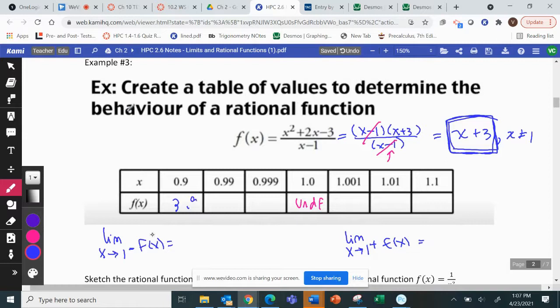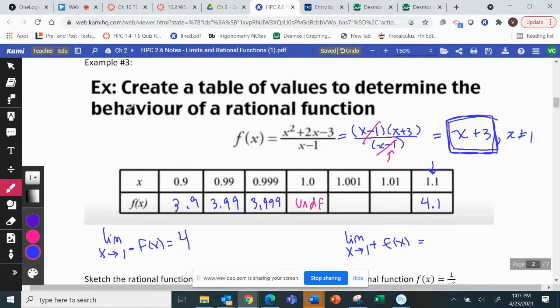3.9. If I plug in 0.99, I get 3.99. If I plug in 0.999, I get 3.999. What are we getting close to? 4. The other direction, now I'm going to plug in 1.1, and I get 4.1.